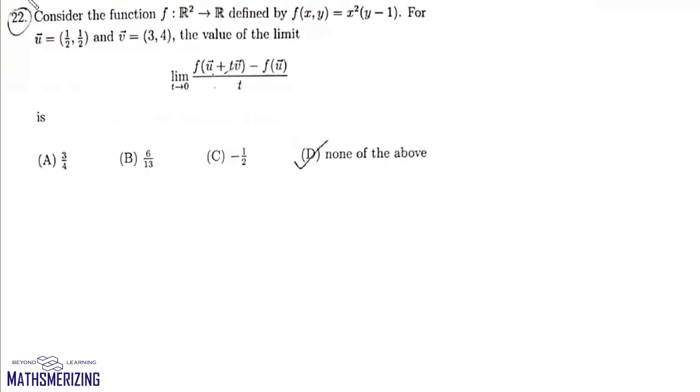Now question number 22 is, we need to find this limit as t tends to 0 of f of u plus tv minus f of u, upon t. Now u is 1 by 2 comma 1 by 2 and v is 3 comma 4.